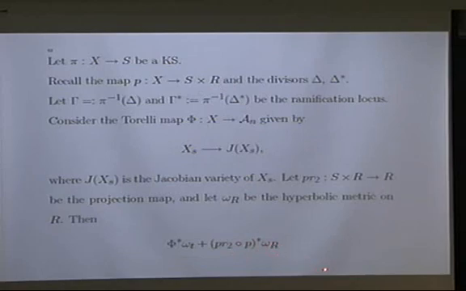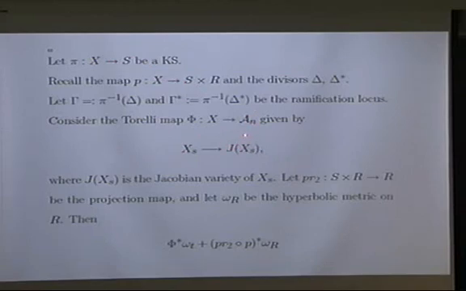So you mean the phi is X to AN? Yes, for instance, phi. Here, X_s is the fiber. X is the fiber over S. Then J(X_s) is the Jacobian, an element of AN? It's in AN.